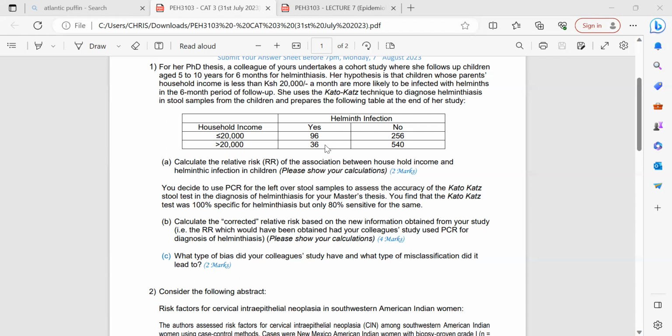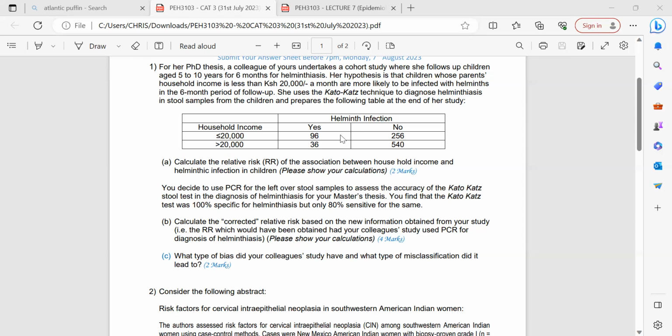So we say 0.8 times 96, which should be 76.8. Because we are dealing with human beings, we cannot have a decimal, so we take it as 77.